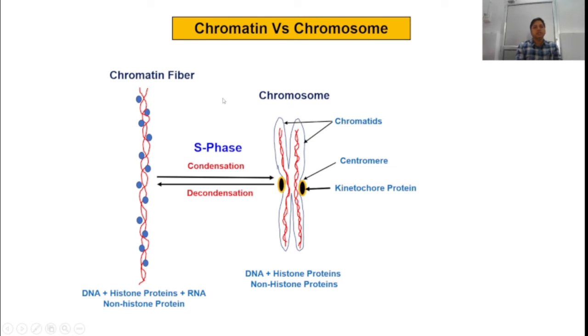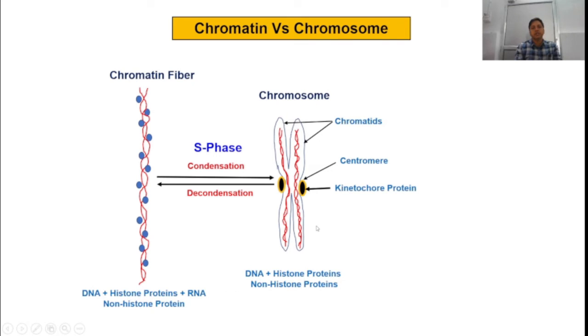Now we will see the detailed difference between chromatin and chromosome. If we see the chemical nature of chromatin fiber, these fibers are made up of DNA, histone protein plus RNA, and non-histone protein. We all know that these chromatin fibers are present during interphase, and interphase is a transcriptionally very active phase. So whatever RNA is synthesized during interphase sometimes remains associated with the chromatin fiber, and therefore this RNA is also included in the structure of chromatin fiber.